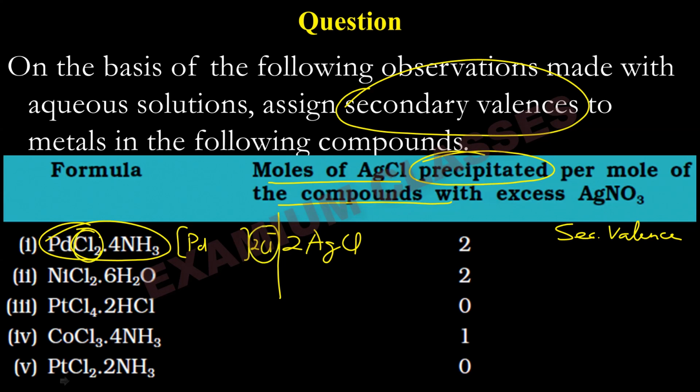It means you don't have any chlorine inside. You have just NH3O4 inside. Did you get that or not? Only NH3O4 is inside. It means what is the coordination number? Secondary valence 4. Only 4 ligands are there. Secondary valence is coordination number. So it means 4 is the correct answer.